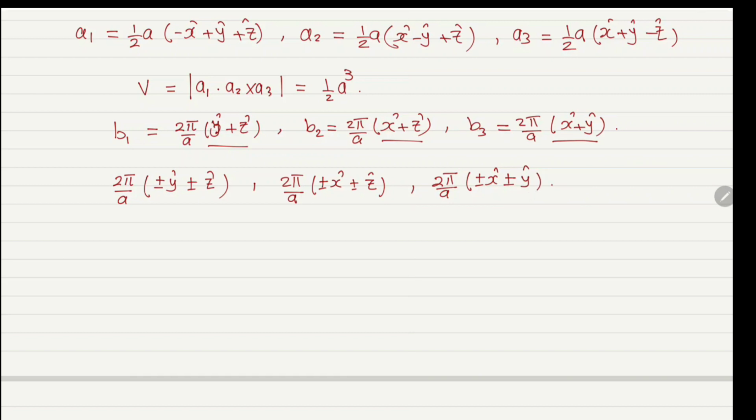And remember, these are the Brillouin zone boundaries. And remember, in FCC we have 12 nearest neighbors, and here we have 12 Brillouin zone boundaries.